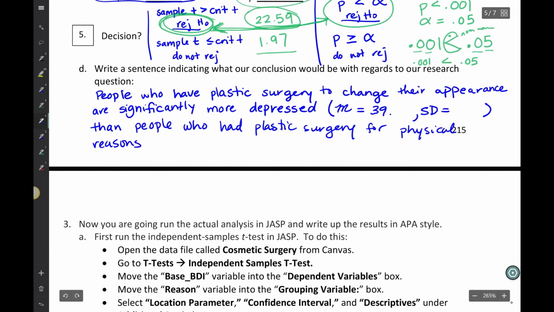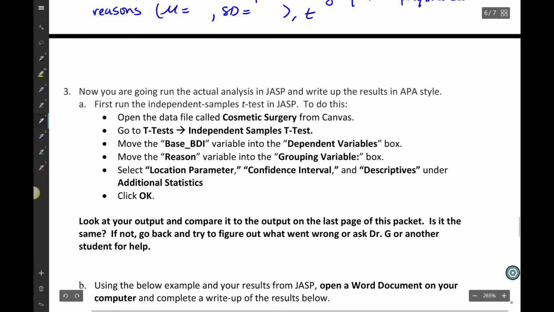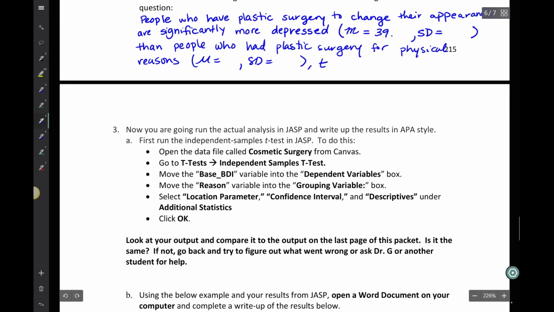And again, we would put the mean, the standard deviation, and then we would write out our T portion, which I'm going to have you practice down below. In this case, remember degrees of freedom always go in here. So you're going to put the number for degrees of freedom in there.